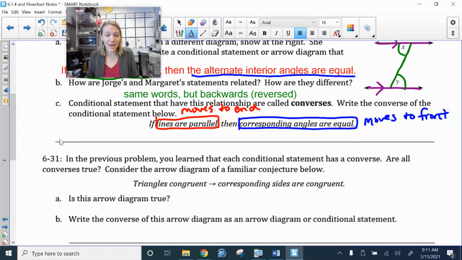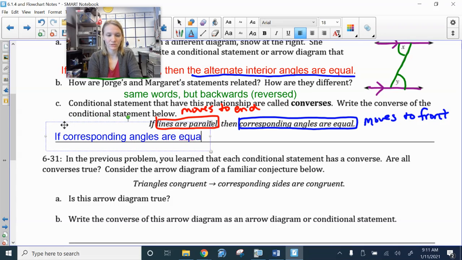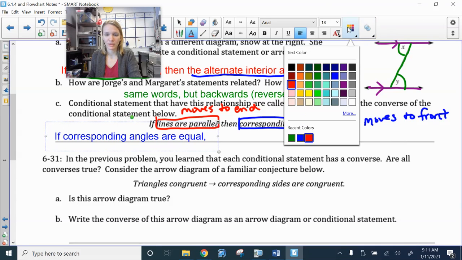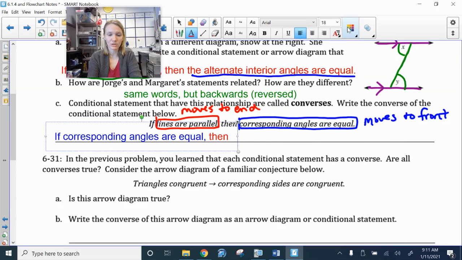So I'm still going to start with if. A conditional statement always starts with an if followed by a then. So I'm going to say if corresponding angles are equal, and then I'll move the part that was originally in the beginning to the end.